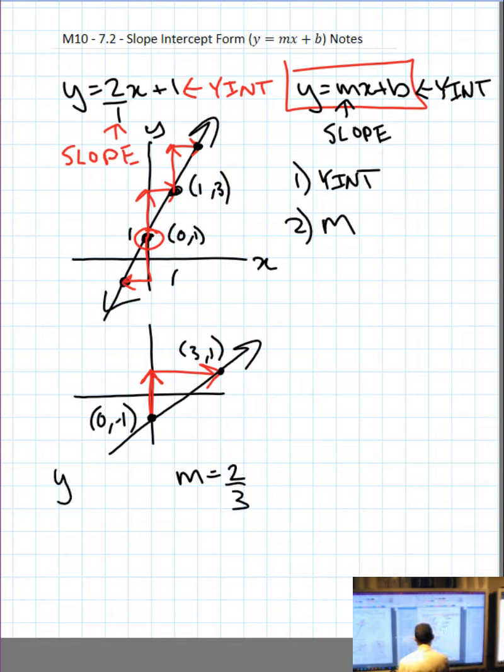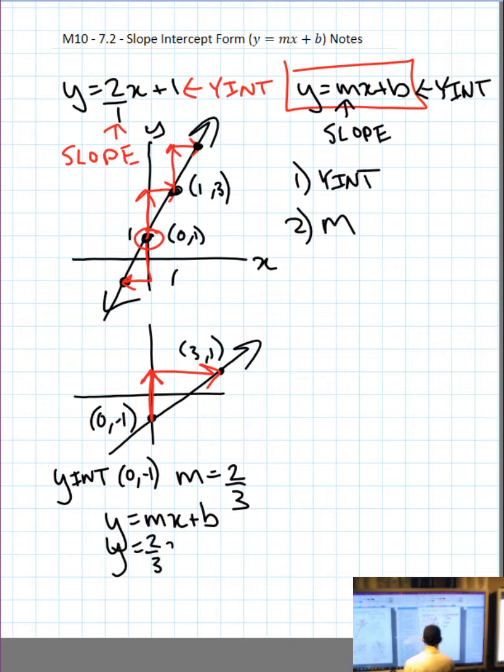We have a y-intercept of 0, negative 1. So y equals mx plus b. Substituting in the formula the information that we found, y equals 2/3 x. The b value is the y-intercept, minus 1.